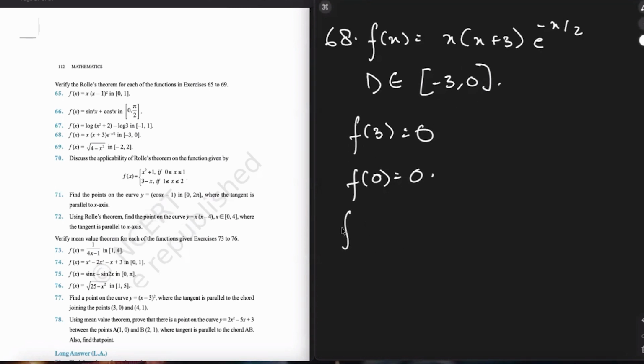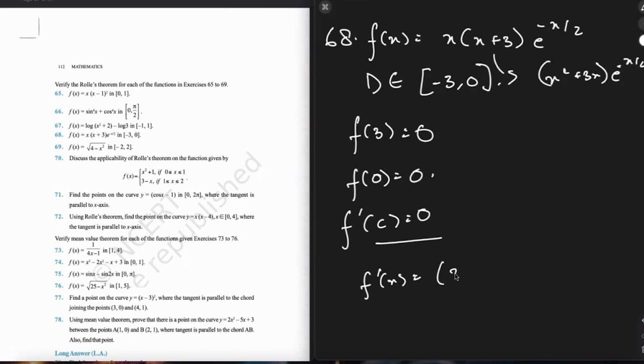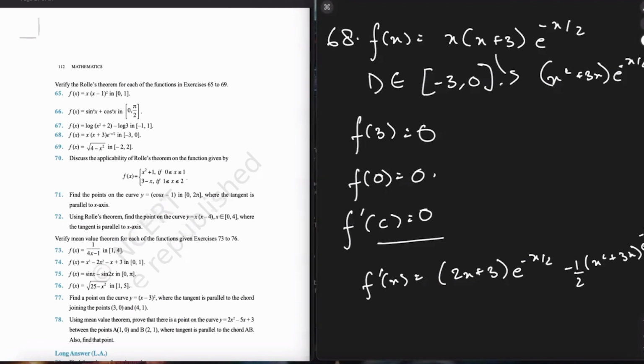Now we just have to find the c such that f dash c equal to 0. So how can we do this? I'll just differentiate this whole term with x. So on differentiating, I get x square plus 3x and e raised to the power of -x by 2. All right. So 2x plus 3 e raised to the power of -x by 2 and -1 upon 2 times x square plus 3x e raised to the power of -x by 2.